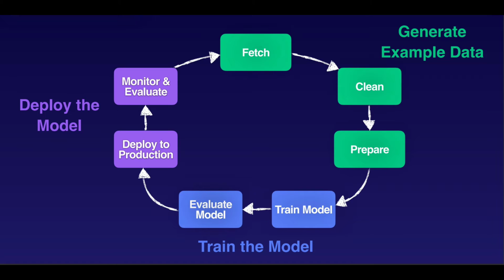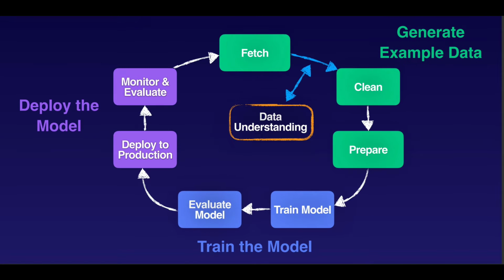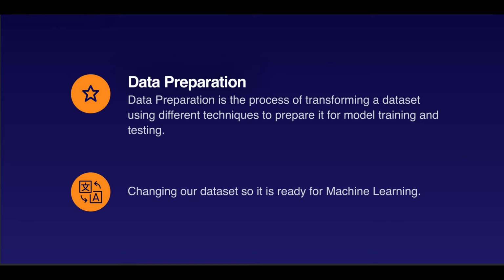So if we take a look at our machine learning cycle, we know that we are trying to clean and prepare our data. But before we can do that, we first need to understand our data. Once we understand our data, we can start to use different techniques that help us transform it or prepare it. So our machine learning model can make proper predictions with it.